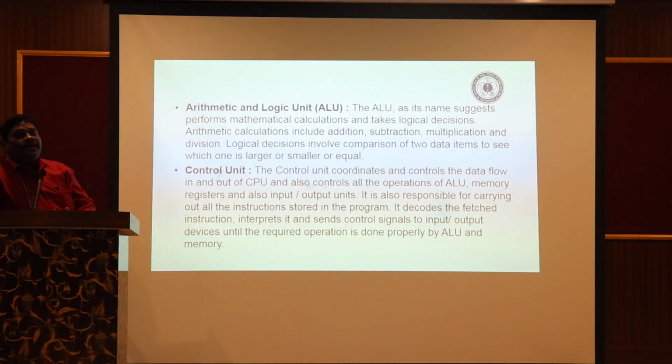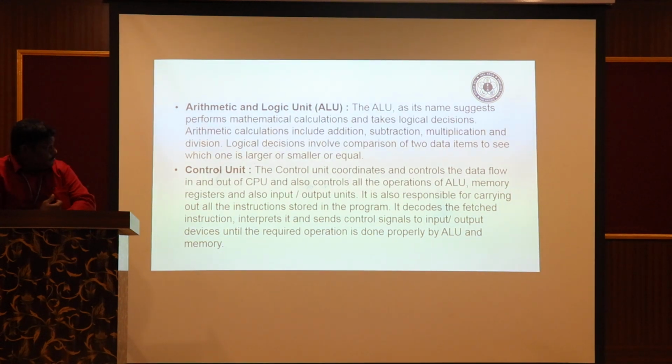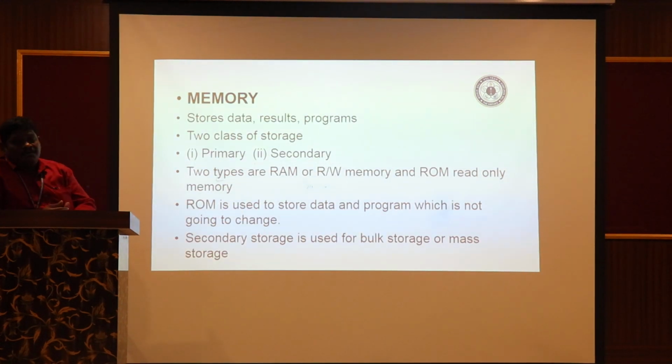So the control unit sends the signal to the input unit, gets the input data, and the ALU is used to perform the operation, and the result will be stored in the memory through the control unit.